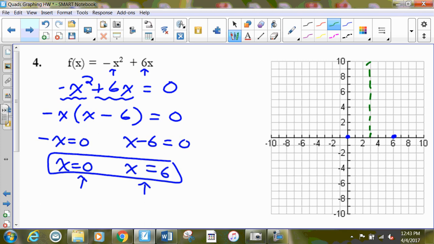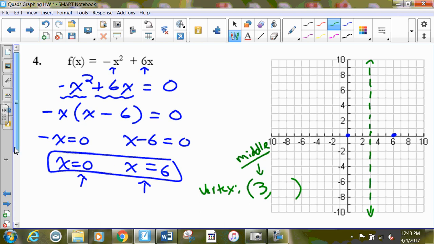Once again, this is just to help me remember that my vertex goes right in the middle. You don't have to do that part if you don't want to. But since I'm doing the vertex, I know right away the first number is found by finding the middle of my two x-intercepts. And the second number is found by plugging in x to solve for y.